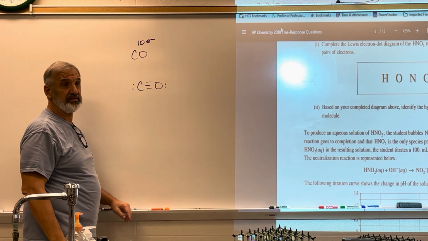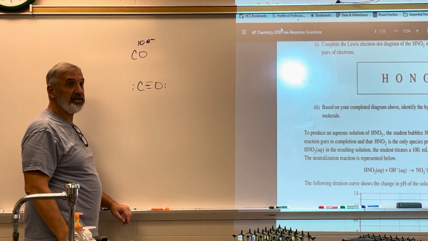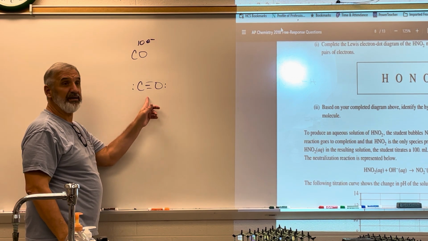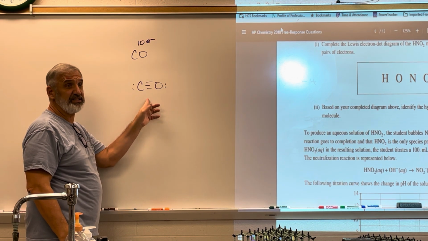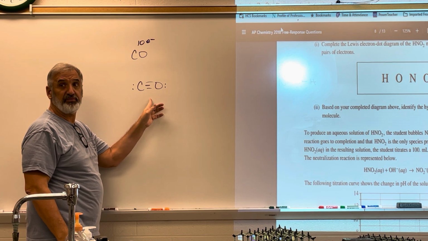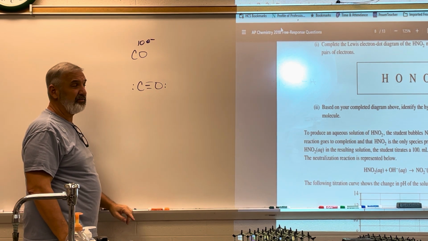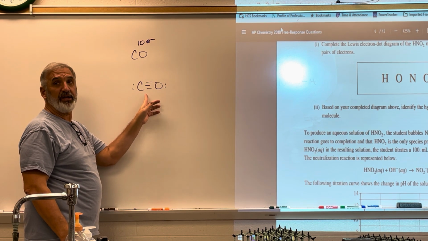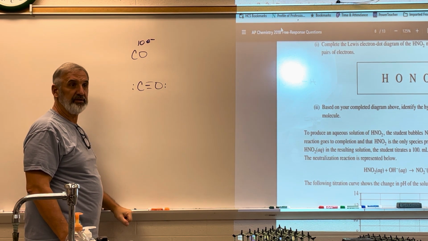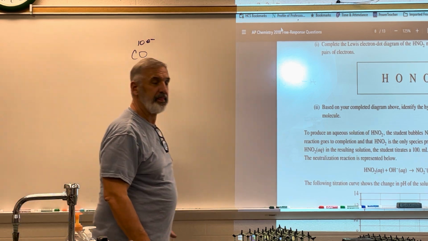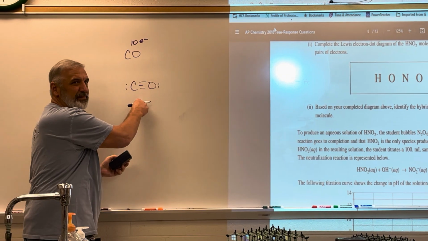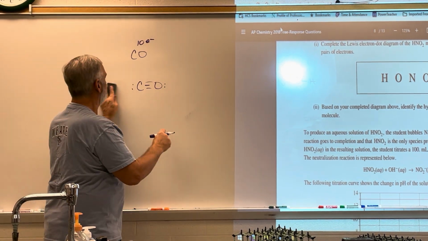Generally speaking, oxygen is only going to form 2 bonds. This is the only time in the history of my teaching career that I've seen oxygen with 3 bonds. And the last I read, about 30 years ago, was that the bonding was not understood. Okay? But just keep that in mind on carbon monoxide. How about the acid?